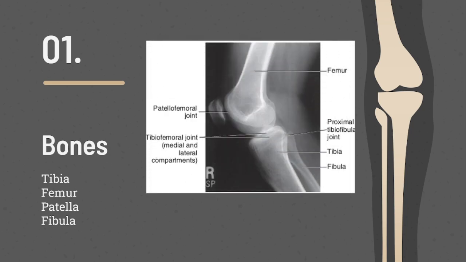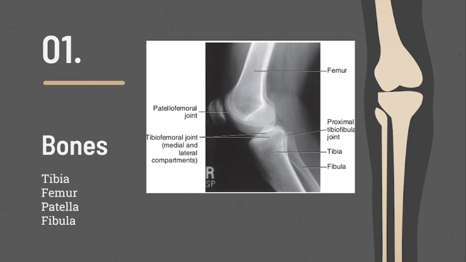The knee joint is a complex joint containing three joints, which are the tibiofemoral joint, the patellofemoral joint, and the tibiofibular joint. The main joint is the tibiofemoral joint, which is a hinge joint that only allows for flexion and extension.